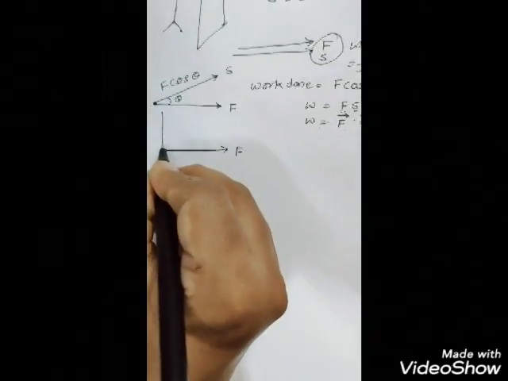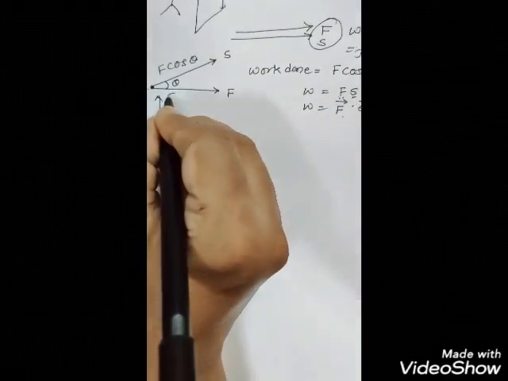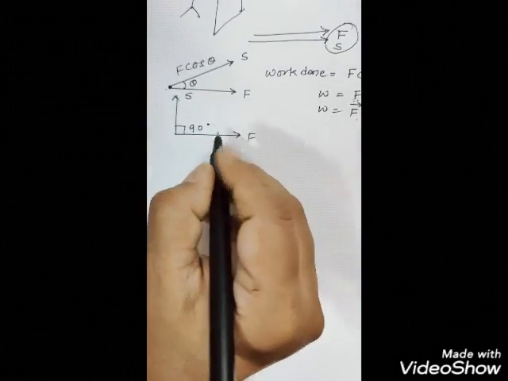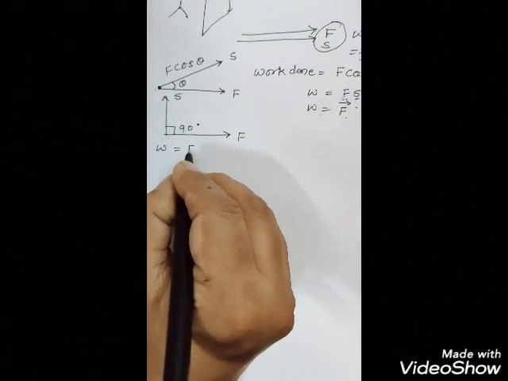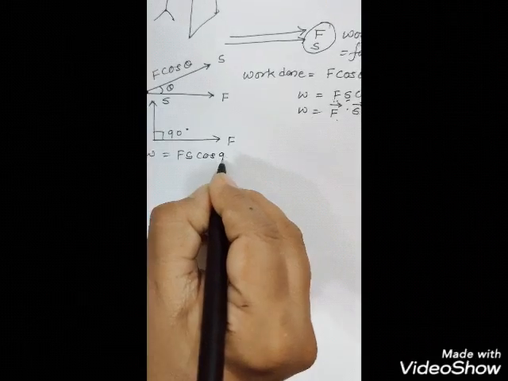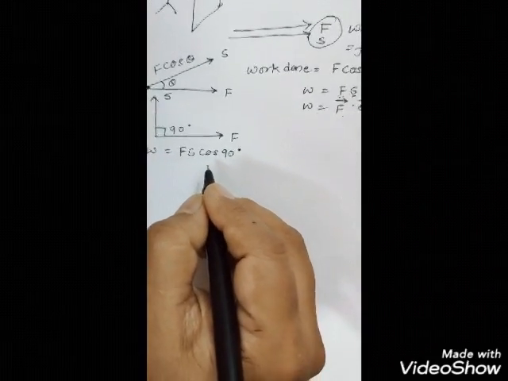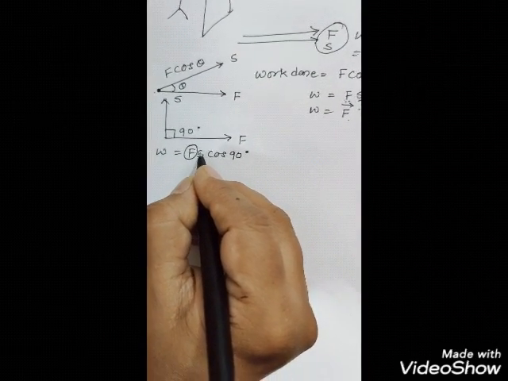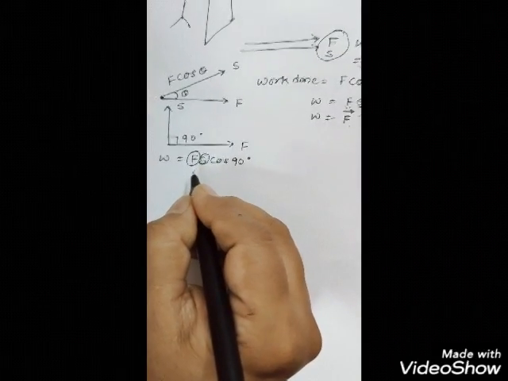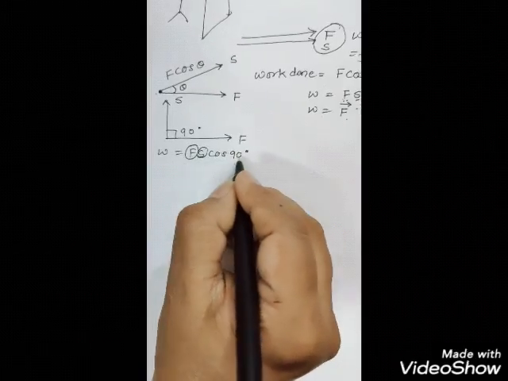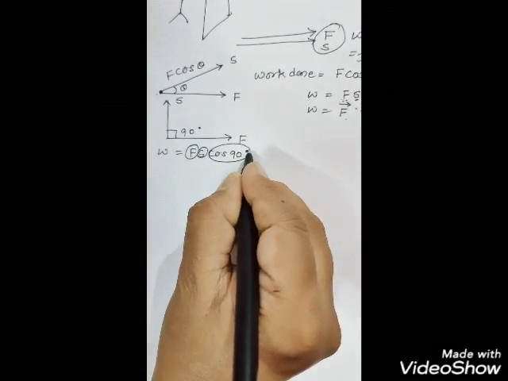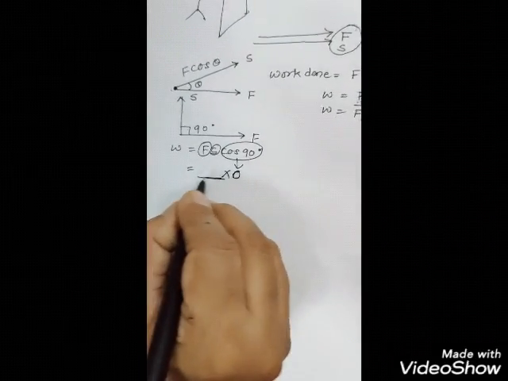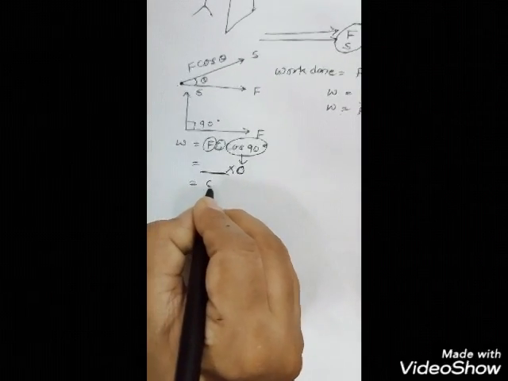Okay, now you will see here, suppose the force is working in this direction and the displacement takes place perpendicular to the direction of the applied force. So what you will find here, the work done is equal to Fs cos theta, but theta is 90 degrees, so it is cos 90 degrees. Whatever the magnitude of the force or the magnitude of the displacement, because it is cos 90 degrees and the value of cos 90 degrees is 0, 0 multiplied by any quantity, the product will be 0.